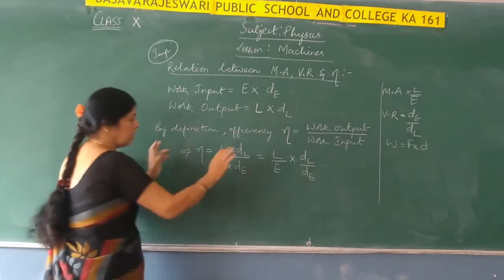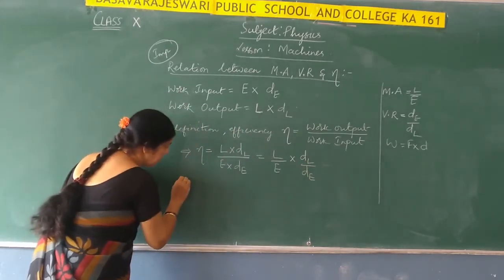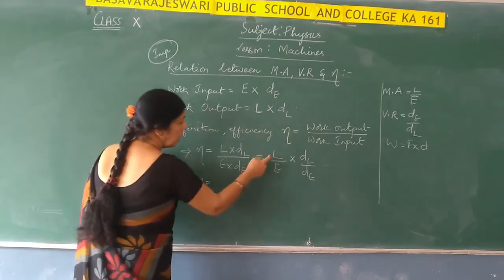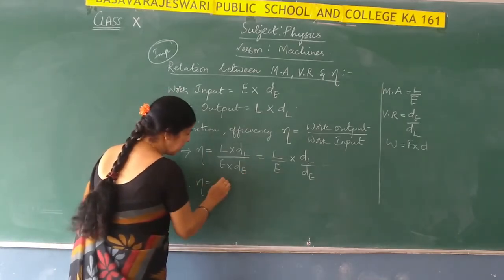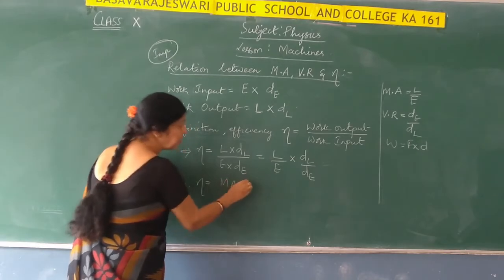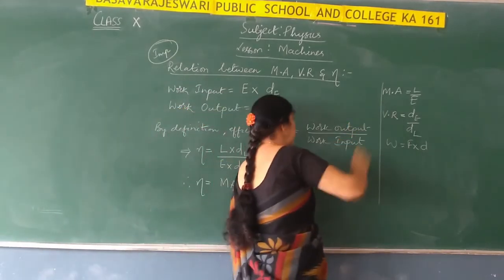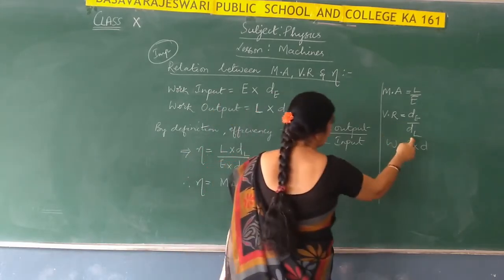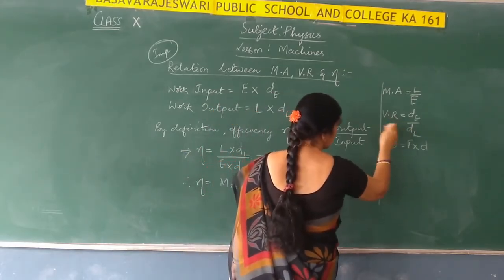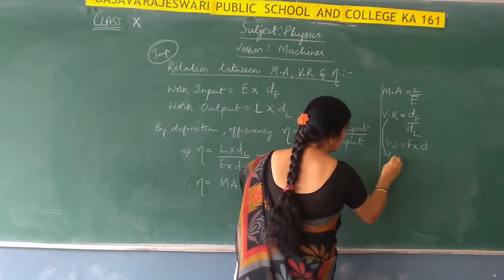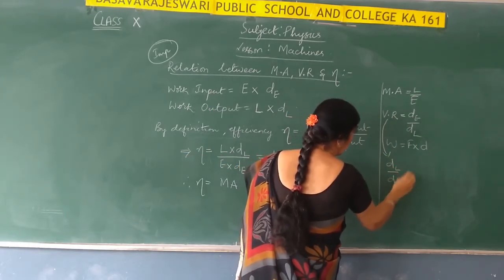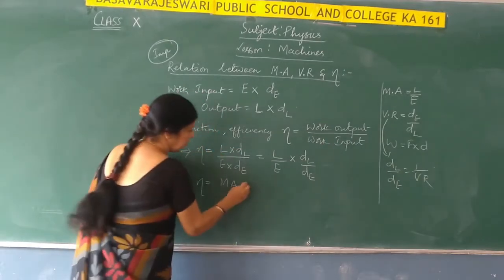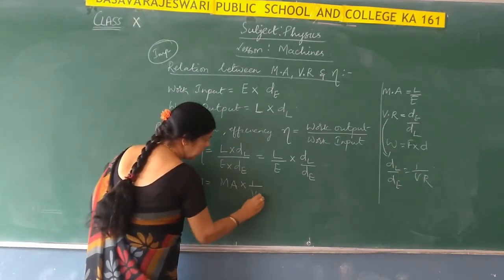I just wrote it separately. Therefore efficiency will be equal to L by E, which is the mechanical advantage, right? L by E is mechanical advantage. Now dE by dL, you know, is the velocity ratio. From this, dL by dE will be equal to 1 by velocity ratio.